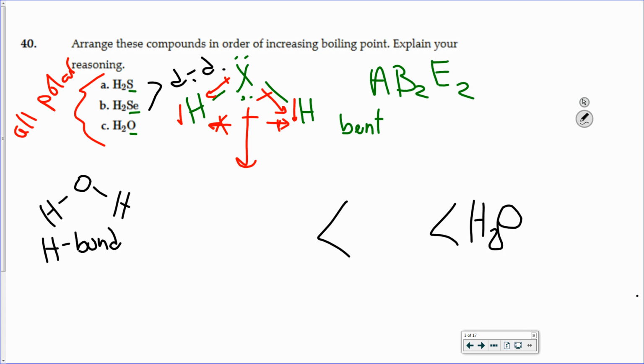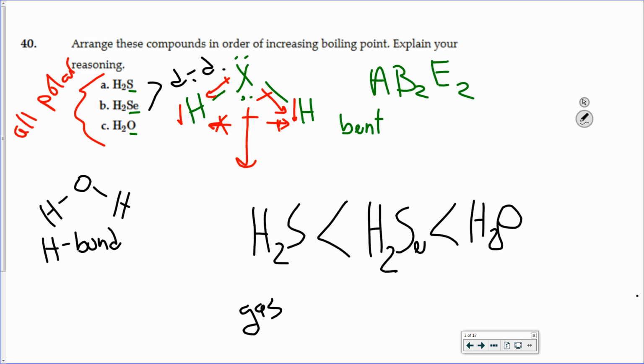Selenium is larger than sulfur, so selenium is going to be a little bit higher than hydrogen sulfide. To give you an idea, this one's definitely a gas at room temperature. This one's a gas at room temperature, and we know water is a liquid. This is our common rotten egg smell, the gas that's produced whenever you have a rotten egg. Question on any of those?